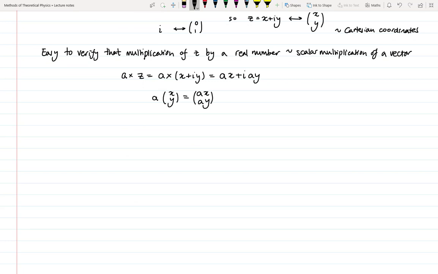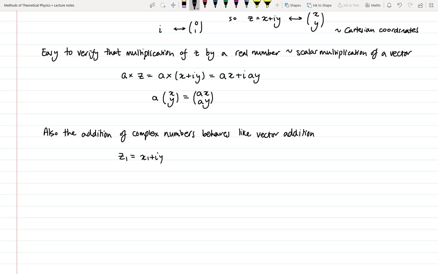Another similarity is the addition of complex numbers. So the addition of complex numbers behaves like vector addition. So let's take two complex numbers. z1 is x1 plus iy1, and z2 is x2 plus iy2.